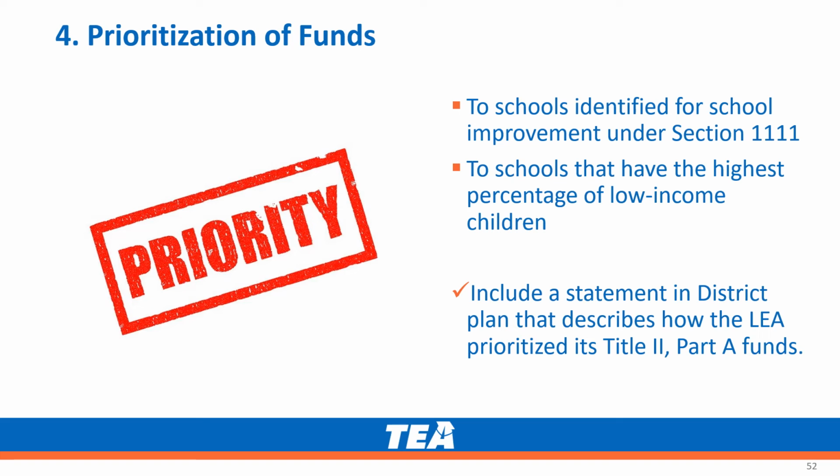One way to help document compliance with this requirement is to include a statement in the district improvement plan that describes how the LEA prioritizes its Title II Part A funds. The LEA should also retain documentation that shows Title II Part A activities and their costs for each campus correlated to school improvement status and low income percentage.